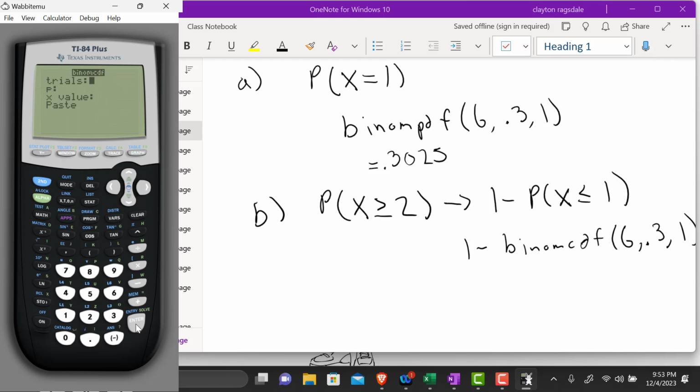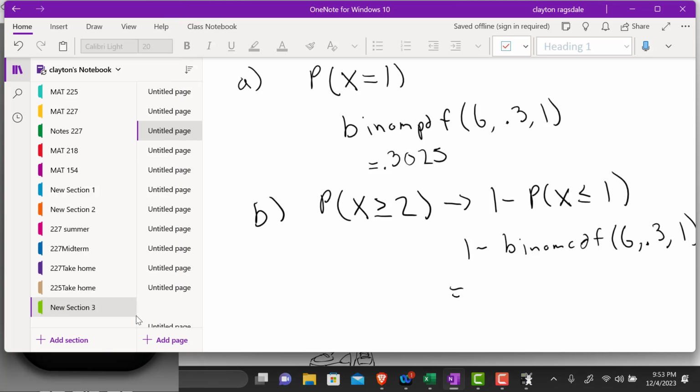We have trials, which is going to be 6. Probability of success, 0.3. And we have our X value, which is going to be 1. Enter. And don't forget this last step is going to be 1 minus this. And so, again, I think it says 4 decimals. So 0.5798. Good.